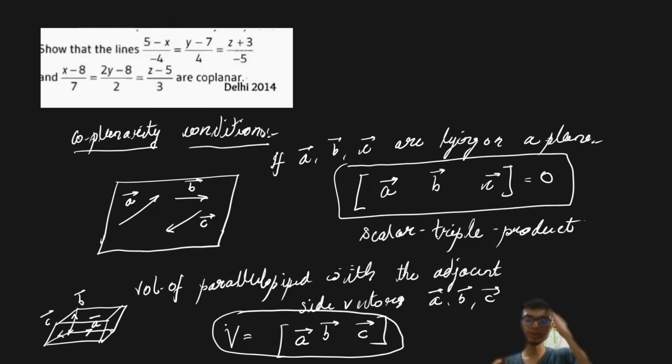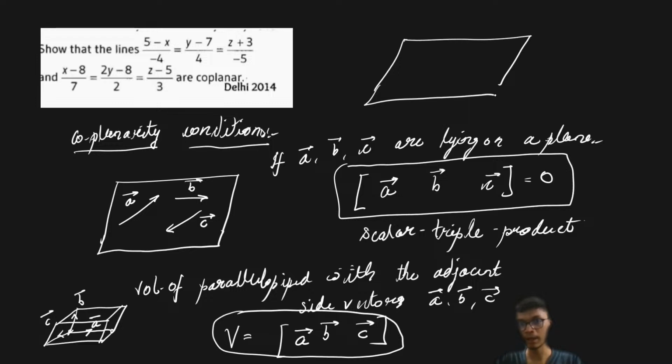With this result, if I have to discuss two lines being coplanar, the condition is like that. In this problem, we have two lines which are coplanar. The equation of the first line is (x minus 5) by 4 equals (y minus 7) by 4 equals (z plus 3) by minus 5. It is always recommended to write the unknown on the left side, that is x minus 5 instead of 5 minus x.